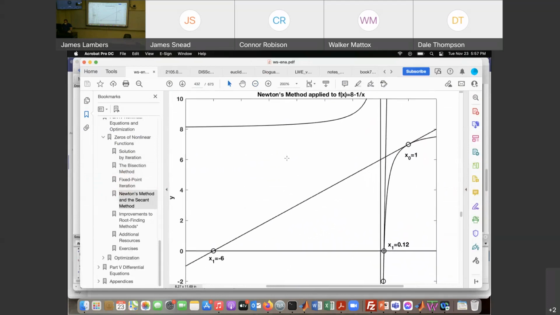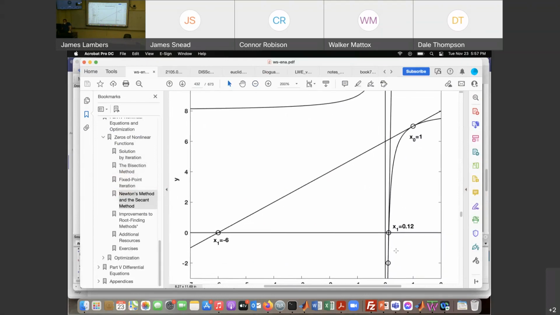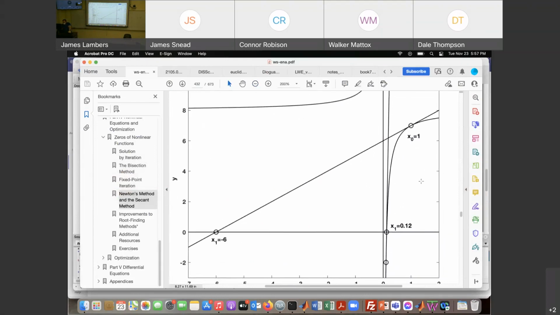So here's a graph of this function. Now here, for example, I've chosen a equal 8, but same idea. So here we have a graph, here we have the initial guess, and here's the exact solution, in this case 0.125. And what happens is, if I choose this for the initial guess and draw a tangent line, the x-intercept is way out here.